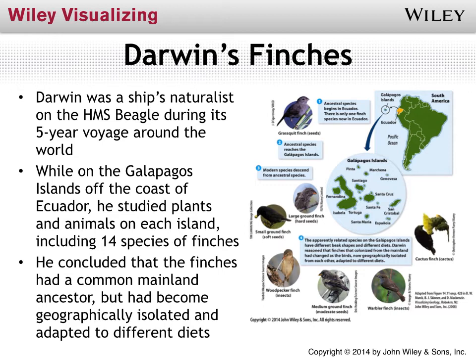Some finches had really stout beaks for breaking seeds. Others had longer, thinner beaks that they could use for getting bugs out of trees. Some fed on plants or were nectarivores. They ate nectar. Some lived on the ground. Others lived up in trees. And he found all of these different finches had a common ancestor.